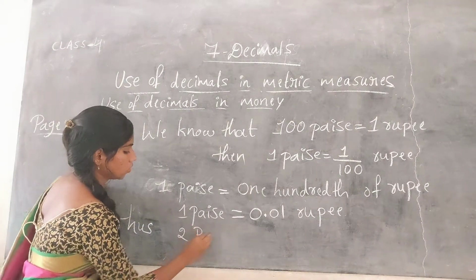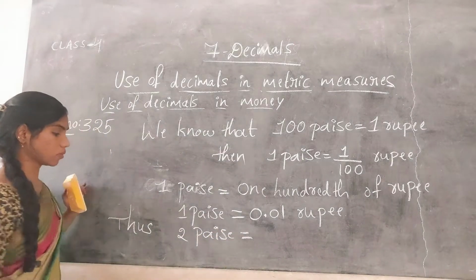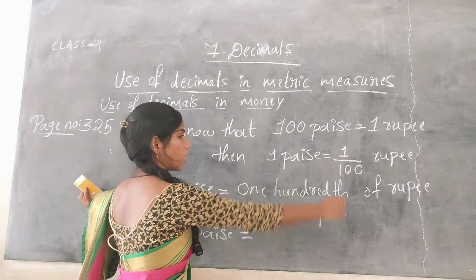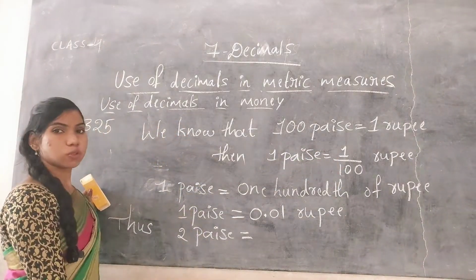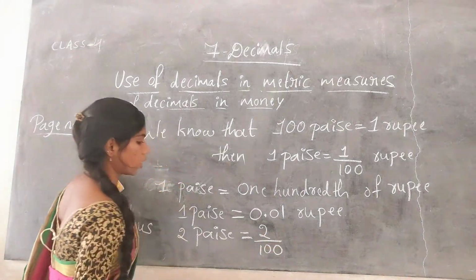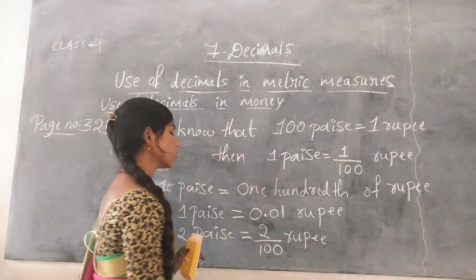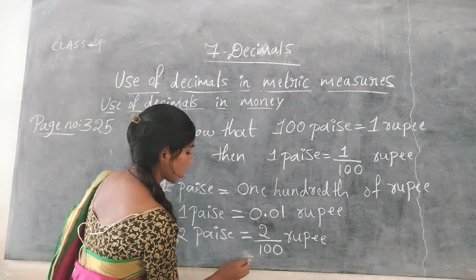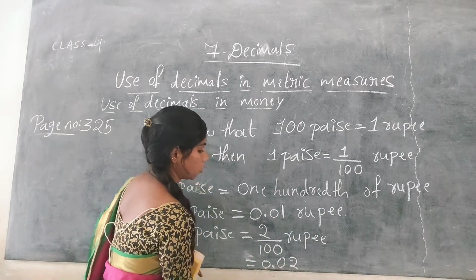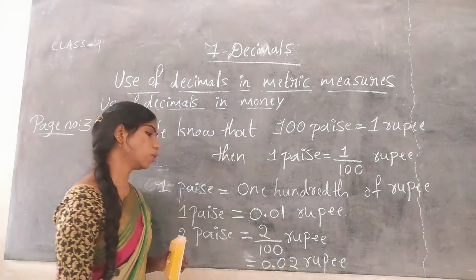Thus 2 paise. 1 paise is equal to 1/100th, then 2 paise is equal to 2/100th rupee. This 2/100 we can write as 0.02 rupee.